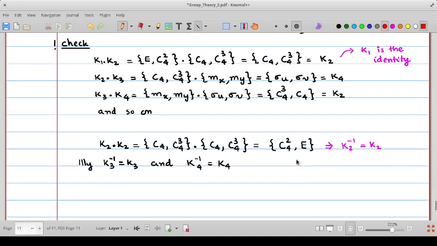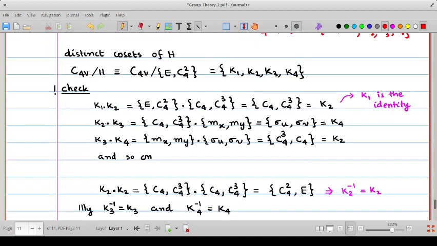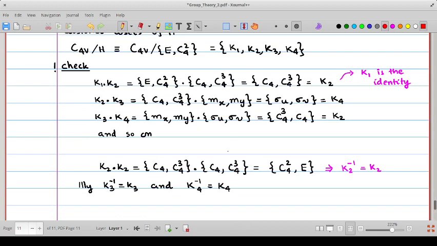And similarly, we can check whether each of these cosets has its inverse under coset multiplication as well. For example, consider K2 times K2, so C4, C4 cube times C4, C4 cube. You have C4 times C4 is C4 square, then C4 times C4 cube is C4 to the power 4, which is identity. Again, this product is identity, and this will give C4 square.